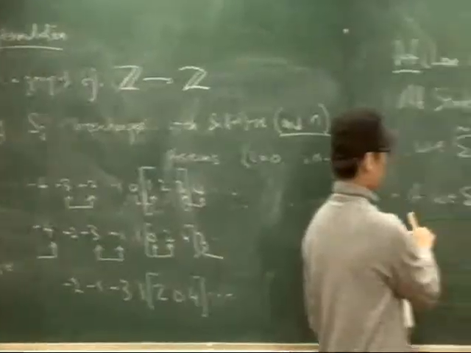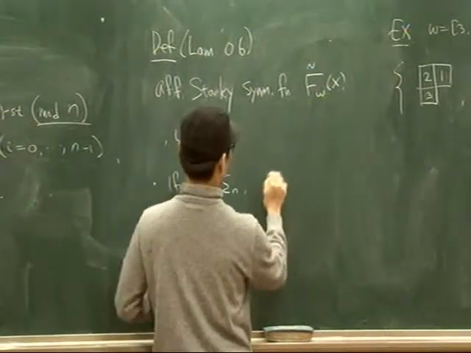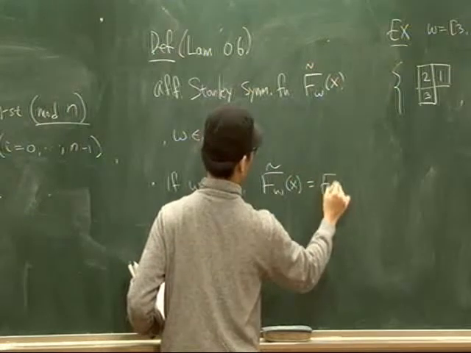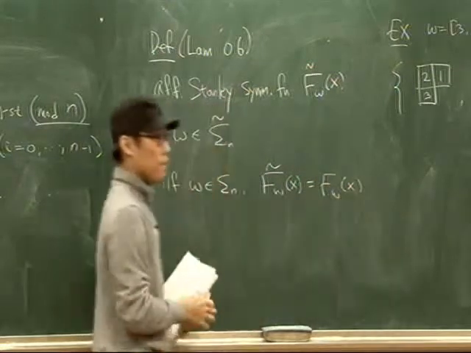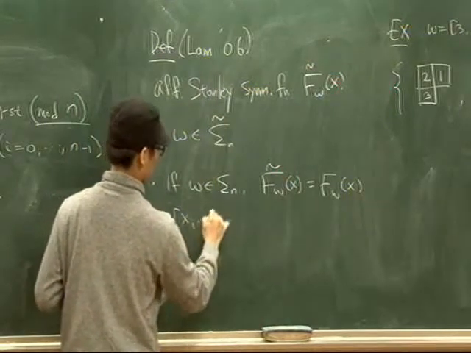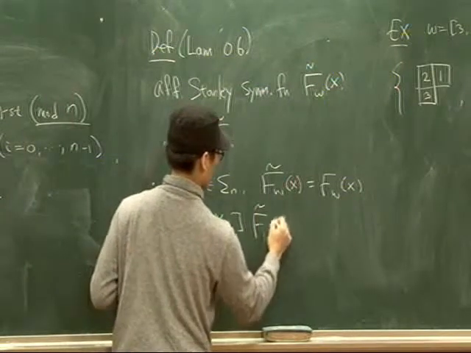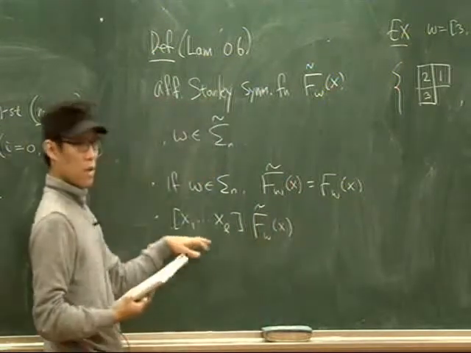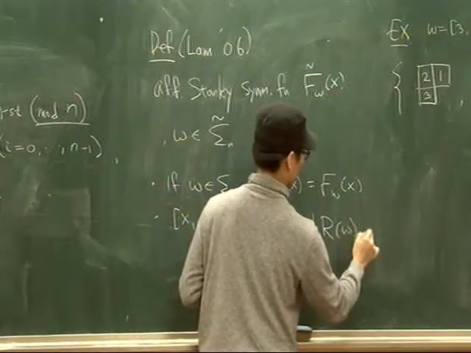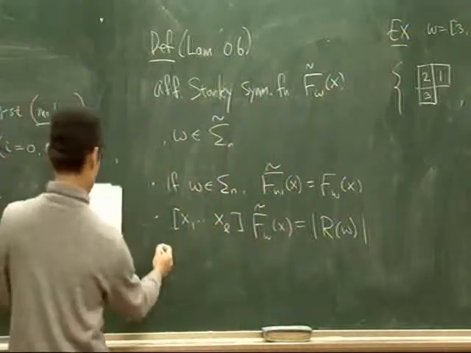And when W is in that finite symmetric group, then this affine symmetric function just becomes the Stanley symmetric function, obviously. And the coefficient of x_1 ... x_l is the number of reduced words of this affine permutation W.